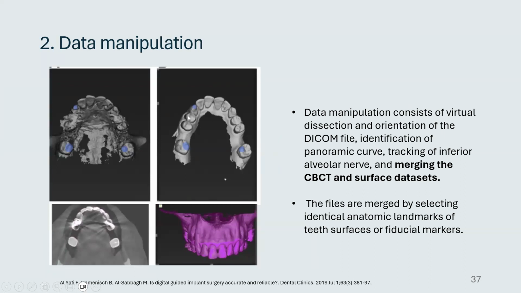So we don't need a radiographic guide or fiducial markers. Then we merge the CBCT and surface data sets. As we can see here, the purple or pink one is where we merged the two data sets. Now it's ready for virtual implant planning.